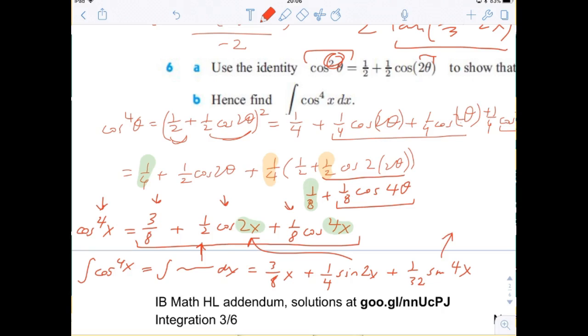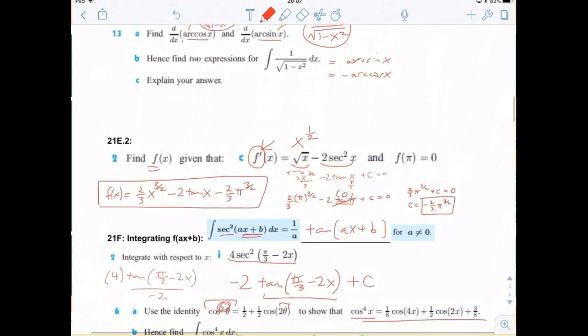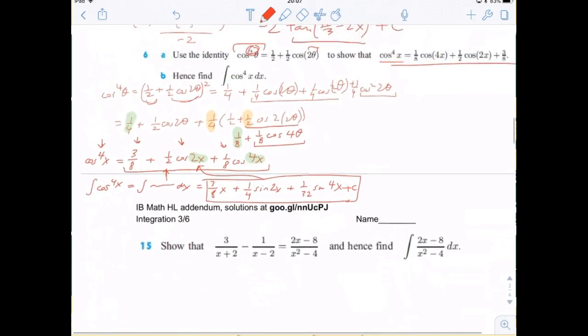So we're going to take the derivative of this. 1 over 32 cosine 4x, and the chain rule means I'm going to put a 4 outside. This is going to reduce to 1/8. Yeah, that's exactly what's there, right? So that worked too. Okay, so there's my answer right there. And of course I need to put plus c. Now that I remembered about plus c, let's go back and see if I put plus c on everything else, and I think I did. And that's the end of page 2.